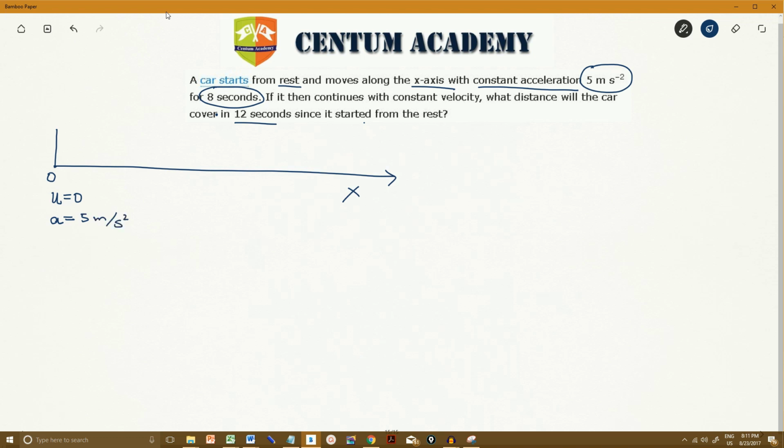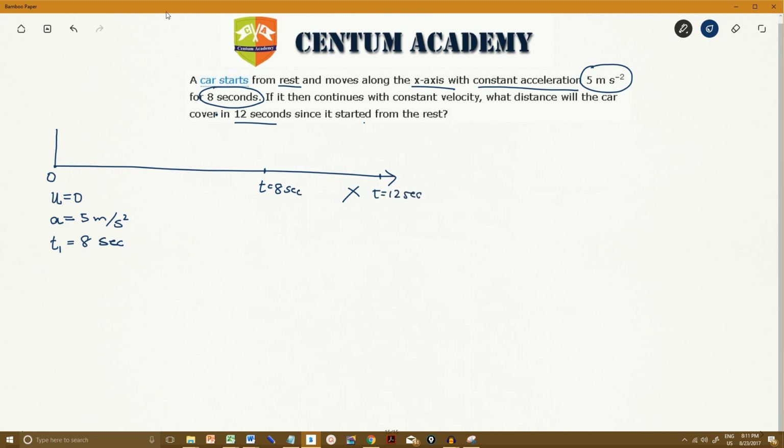The time for which constant acceleration acts is t1 is equal to 8 seconds. So let's say here is t is equal to 8 seconds and here is t is equal to 12 seconds.